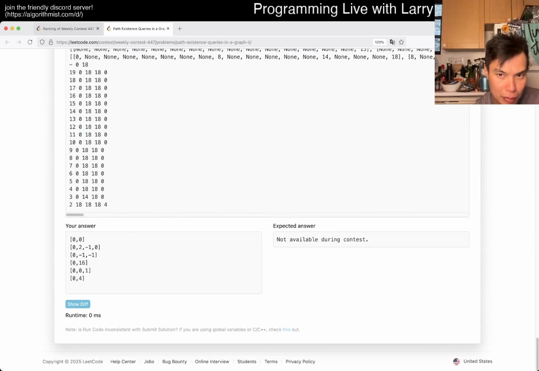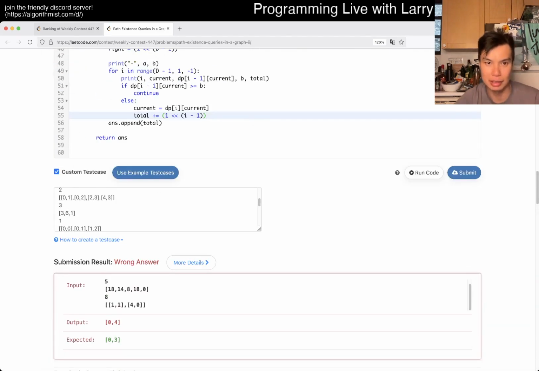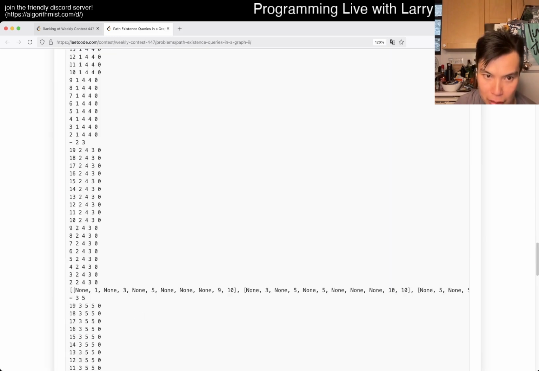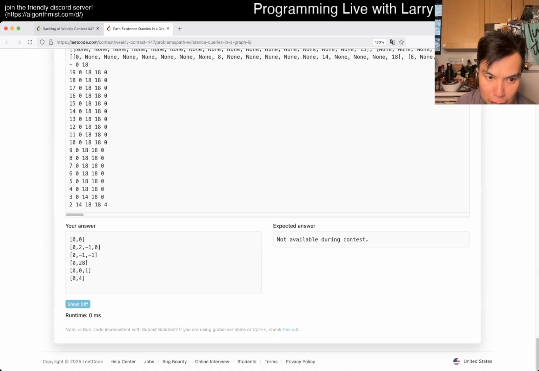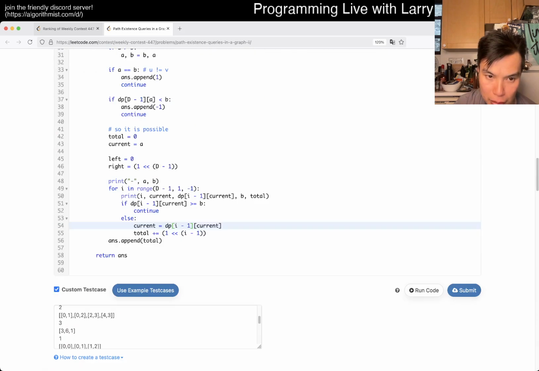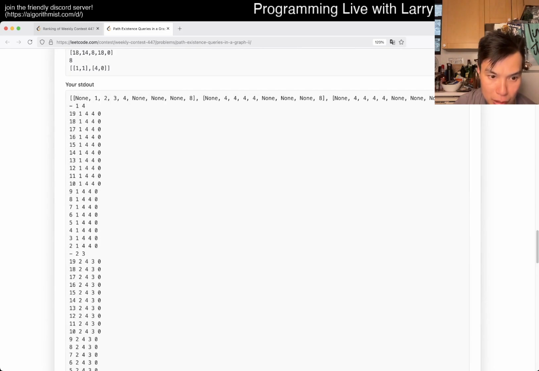Because this should not be 4 moves to go to 18. No, the left side is right. But I feel like this is wrong. Like we should just go to here because we know that, well, now it takes 2 more, but why is the other thing 0?